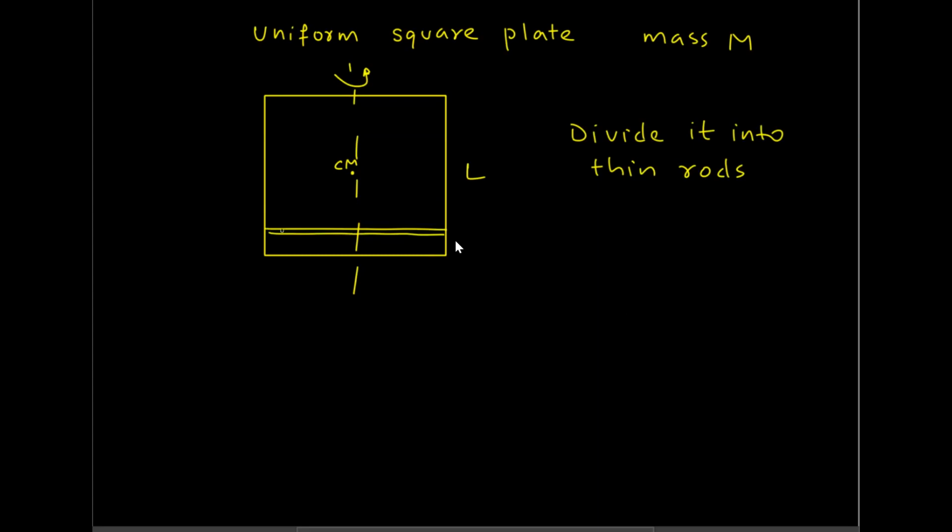You can imagine that it has mass m1. There's another rod with mass m2 and so on. And when we are doing it, we are making sure that these rods are perpendicular to the axis of rotation. So in this case, we are dividing them horizontally.